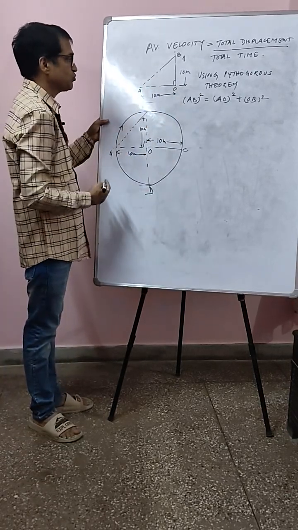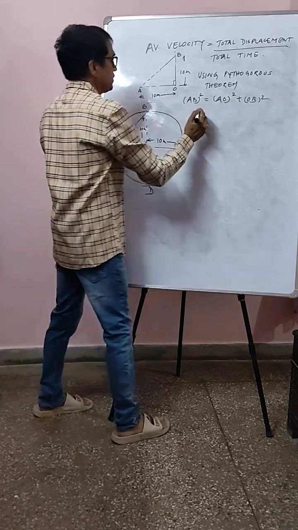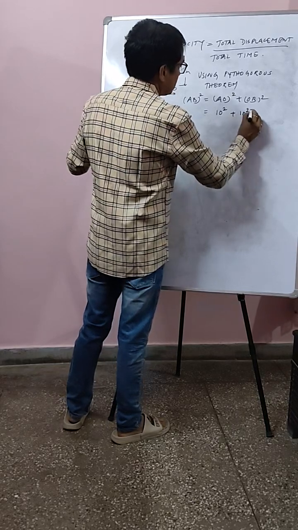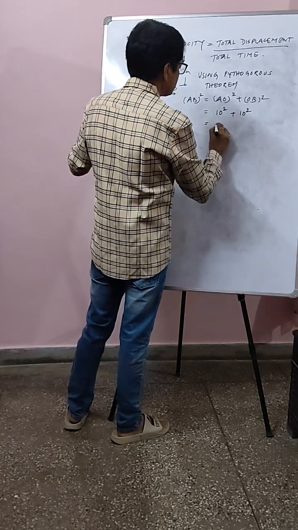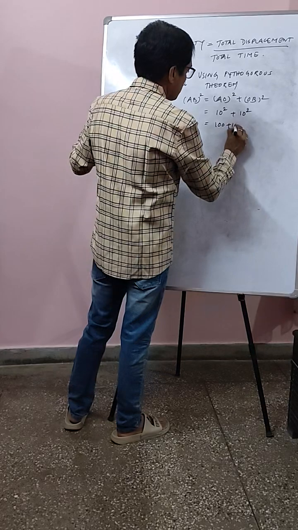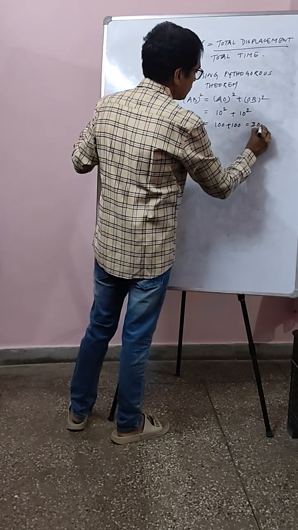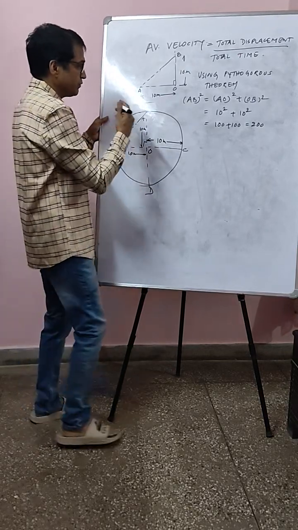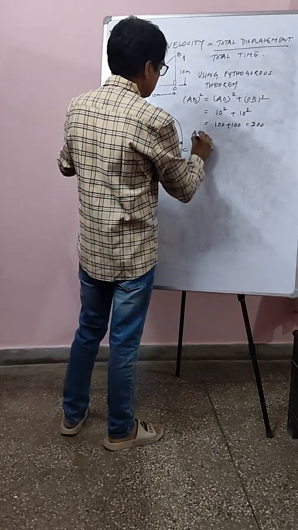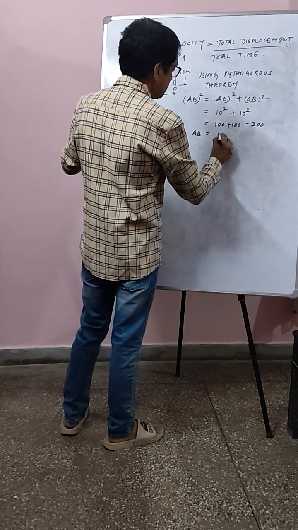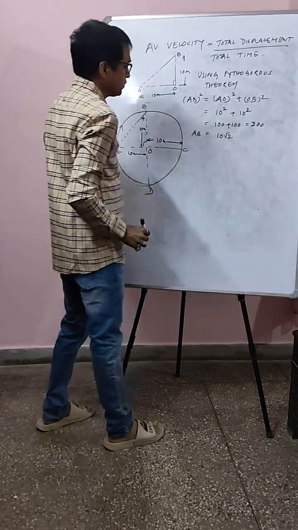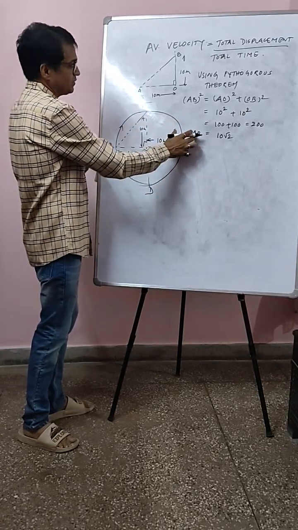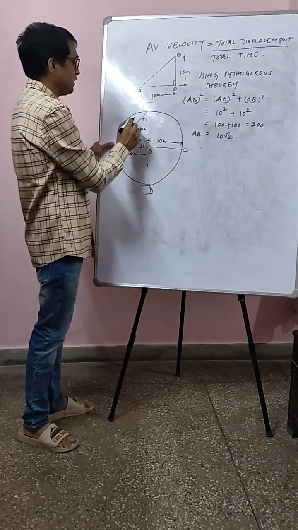AB square equals 10 square plus 10 square equals 200. So AB equals 10 root 2. This is the displacement between A and B.